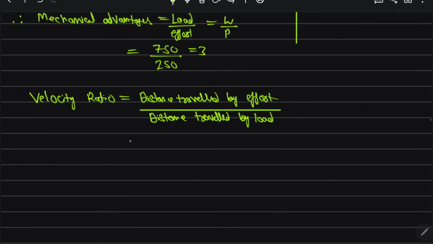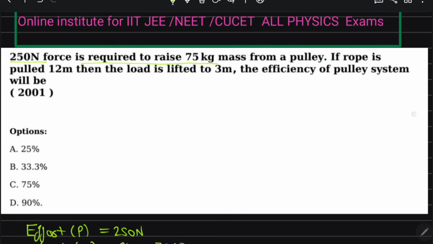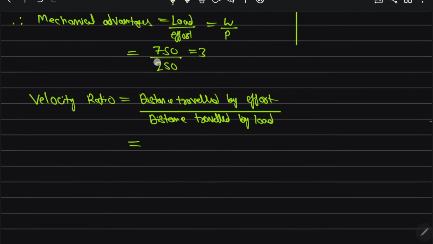Here you see, if the rope is pulled by 12 meter, then the load is lifted 3 meter. Means distance traveled by effort is 12 meter and the distance traveled by load is 3 meter. So that is 4 coming.